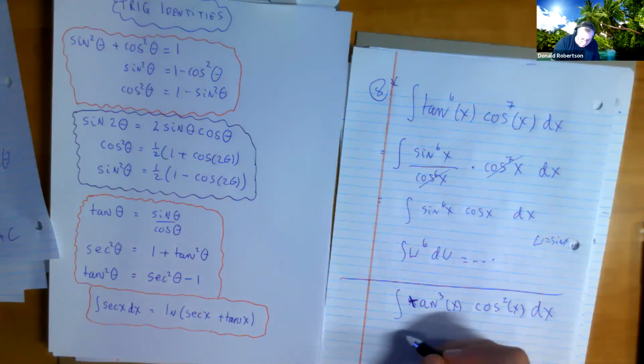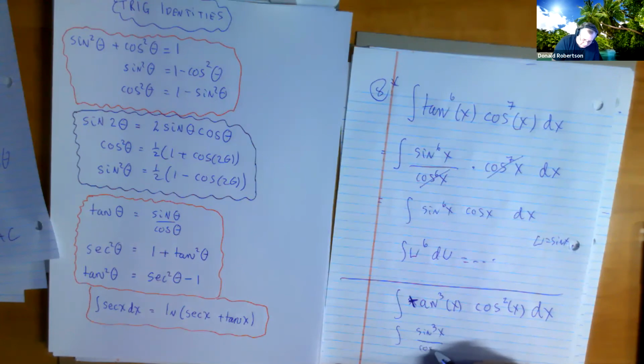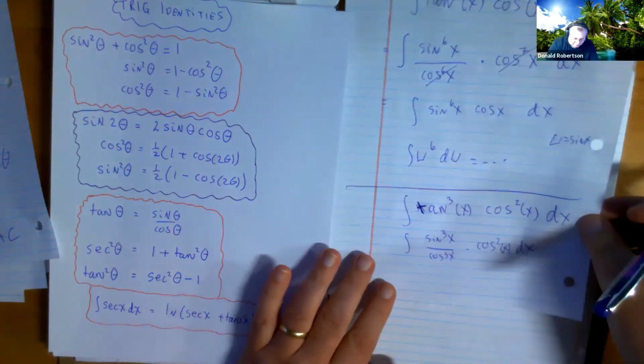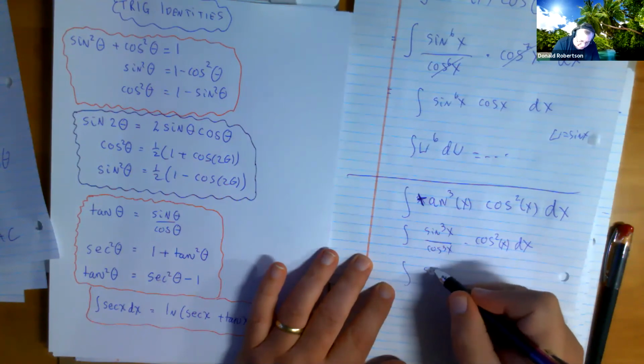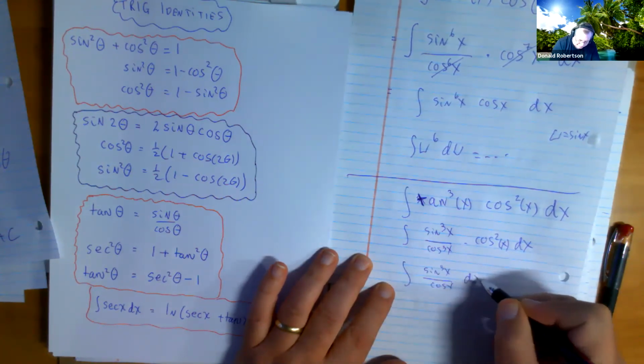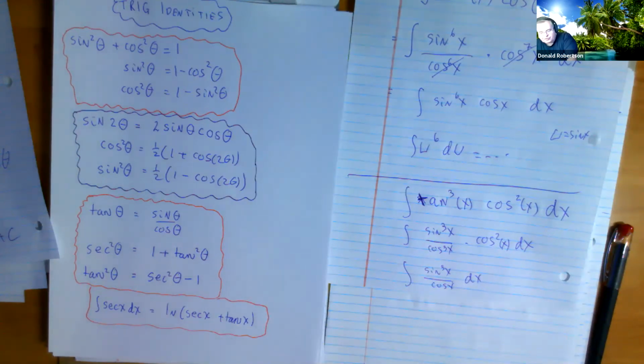Turn them into sines and cosines. This time when you cancel, do you see that there's a cosine left on the bottom? That's new, because that could happen.